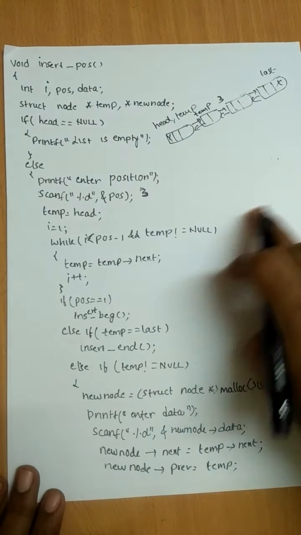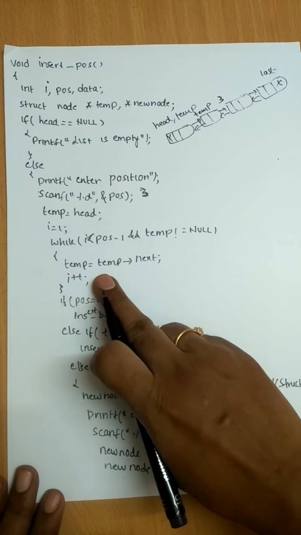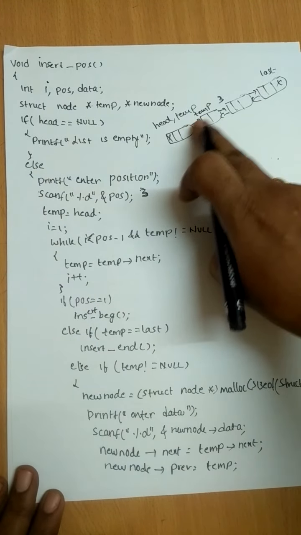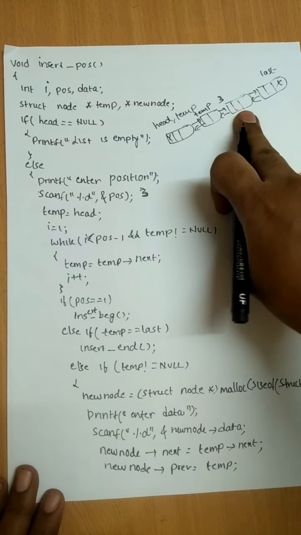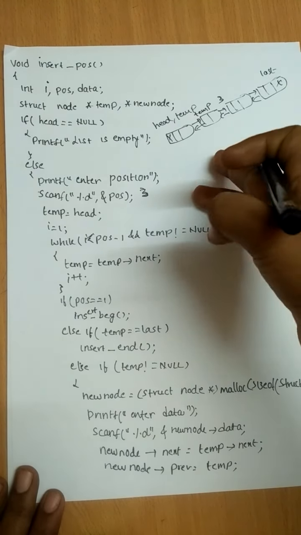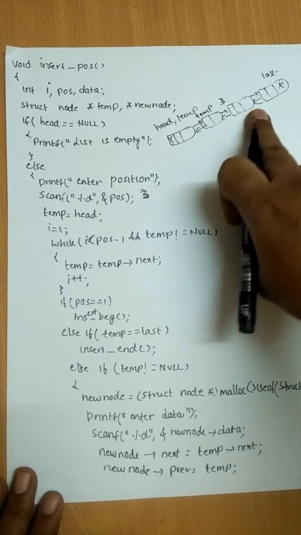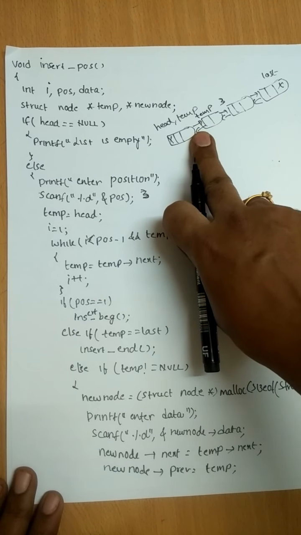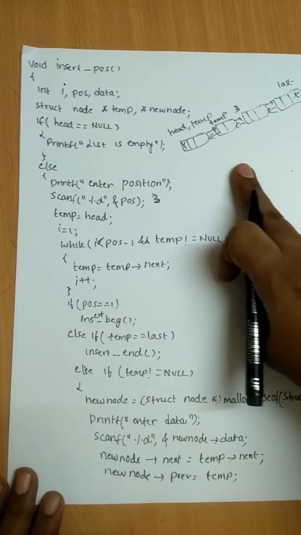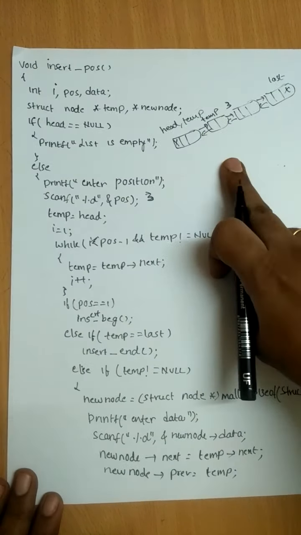For this purpose repeat this loop: temp equal to temp of next. That means we have to place temp one node previous to the node where we want to insert. So if I read the position 3, I have to move temp until position 2.